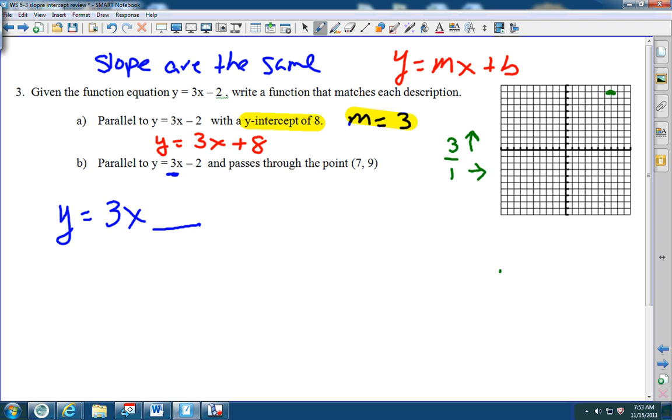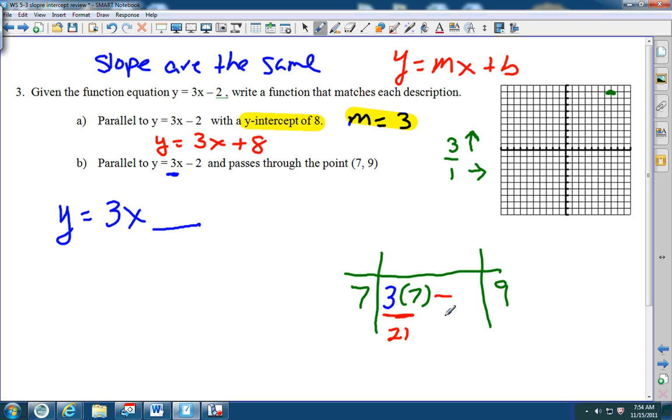Now, for me, I'd rather build a table, put in the point 7, 9. I know my slope is 3. So I put my slope in times my x, and I'll multiply these two numbers. 7 times 3 is 21. What do you have to do to 21 to get to 9?